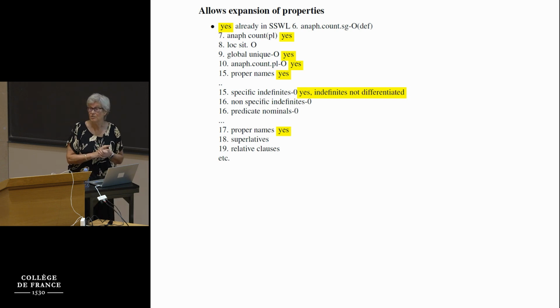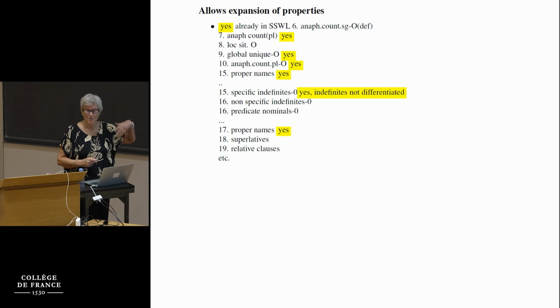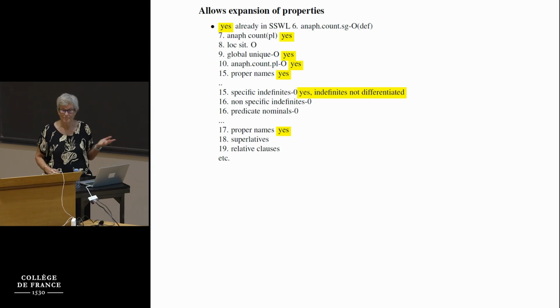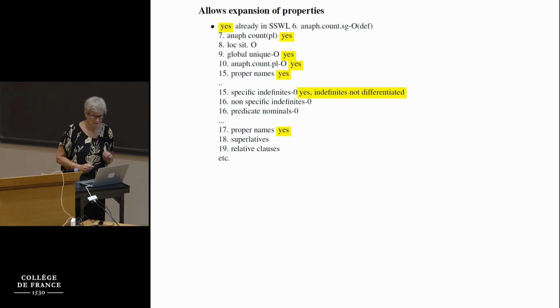And then there are relative clauses. So there are languages that use determiners with relative clauses all the time, even if the relative clauses are indefinite. So how does that configure into the entire system of definiteness and indefiniteness?